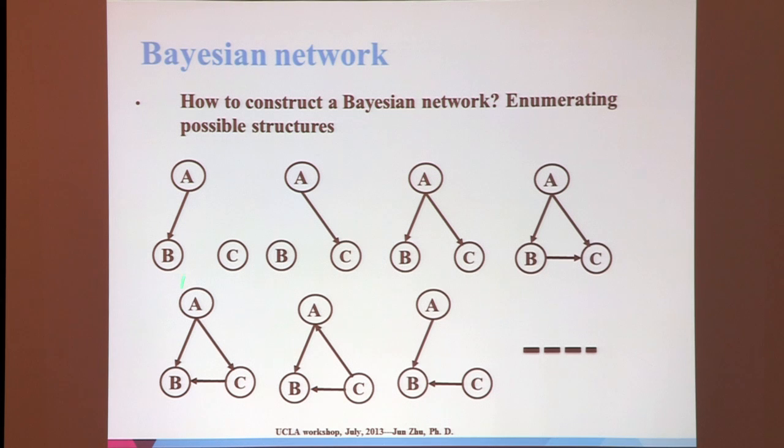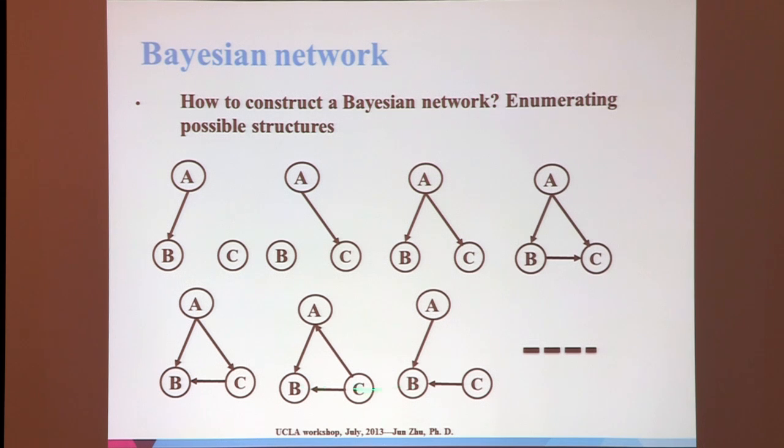So for 3 nodes, you can probably enumerate all these possible structures. It depends on whether you count the equivalent structures or not. There will be about 80 structures, or if you count equivalent structures, about 20 unique structures.